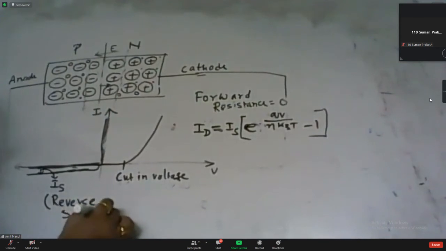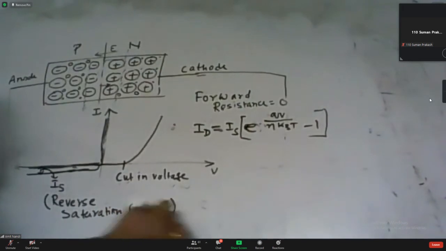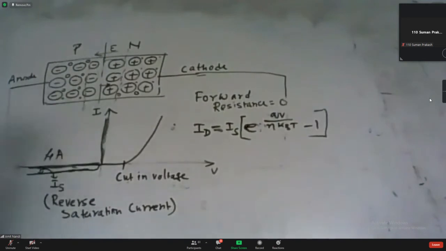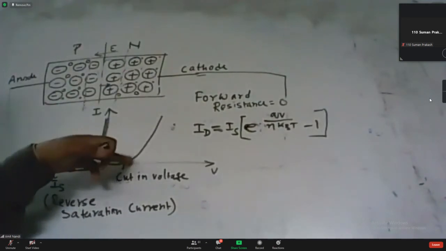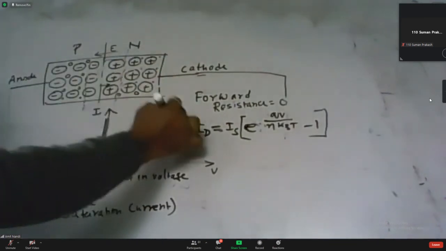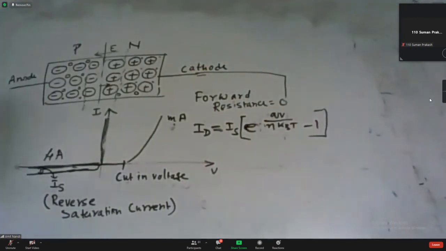This reverse saturation current of a diode is basically in the range of microampere. But the current flowing through the diode under forward bias condition is in the range of milliampere. So obviously the forward bias current is much greater than the reverse bias current.